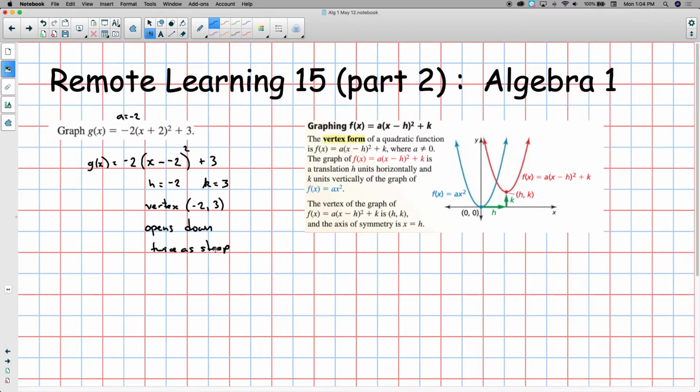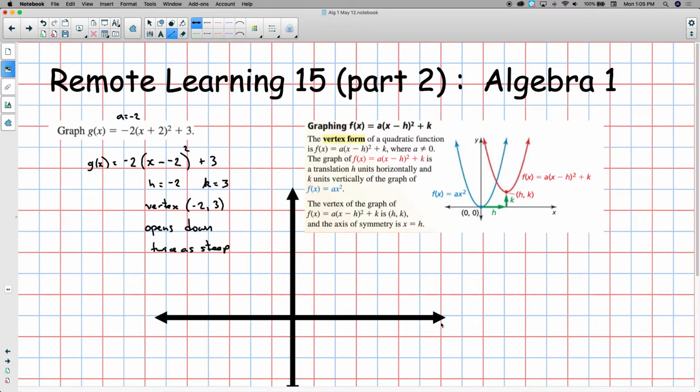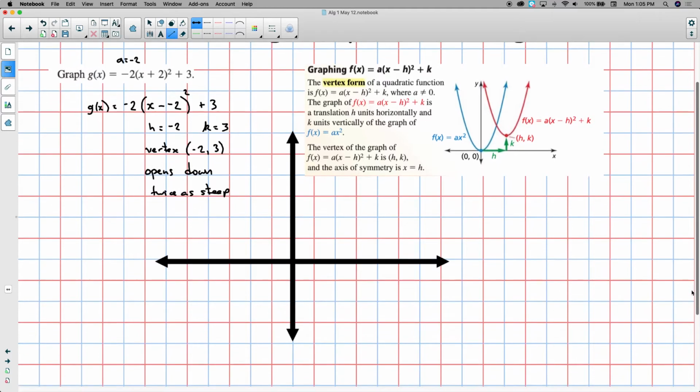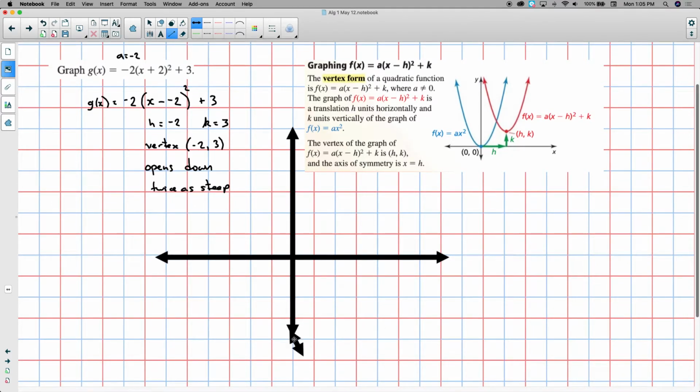Okay, so this was a fairly significant part of Chapter 8. I'm going to go ahead and graph it now. And let's build a grid system. Put it over here. All right, then let's go and plot the vertex, which is negative 2, 3. There's negative 2, 3, big old V for vertex.